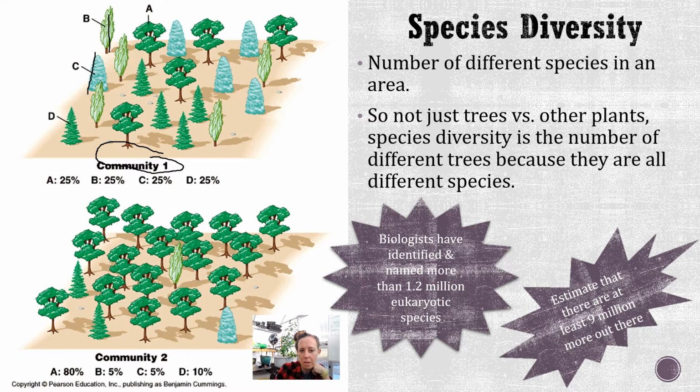If we look down at community 2, see how most of them are tree A and we only have a couple of the others? That means community 1 has more species diversity, more different types of species in it, all right? So remember, we're not just talking like a tree versus another plant. We're talking about the different types of trees that are located in there. Does that make sense to everybody?